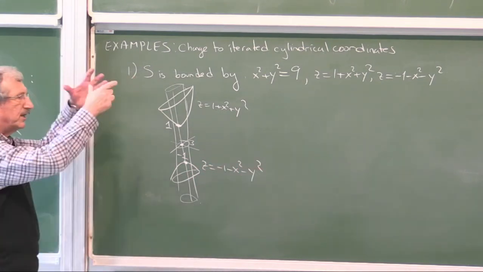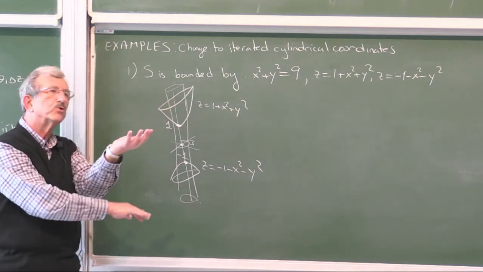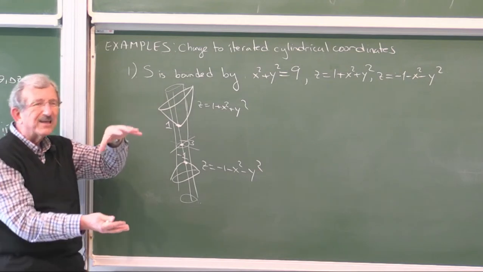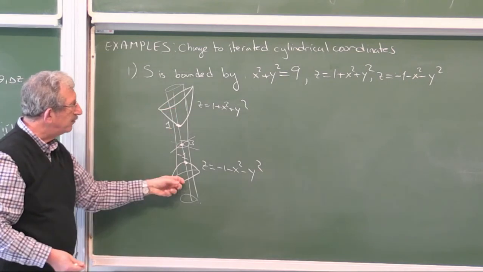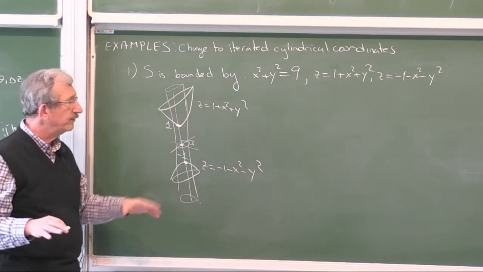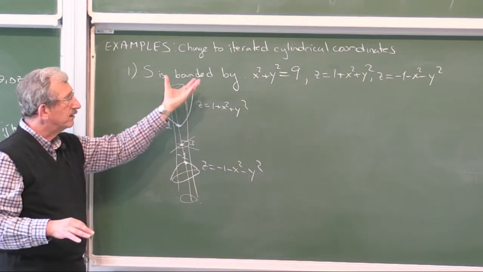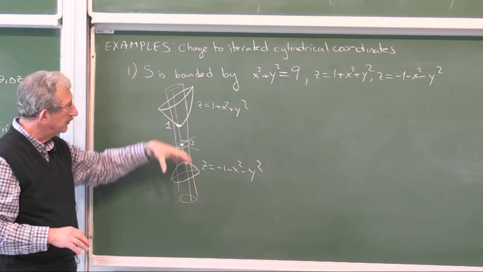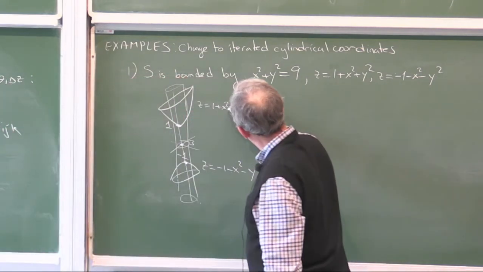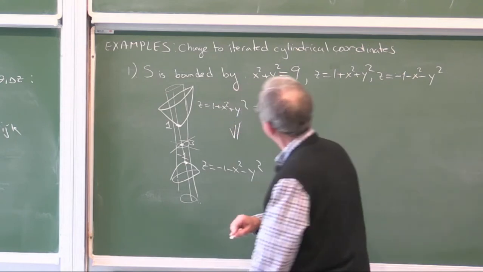So you have a cylinder from top and the bottom. You chop it, okay? So it's a bounded cylinder-like thing, but the top and the bottom are not planes anymore. They are the bottom of a paraboloid and the top of a paraboloid, but clearly this is always bigger than this one.